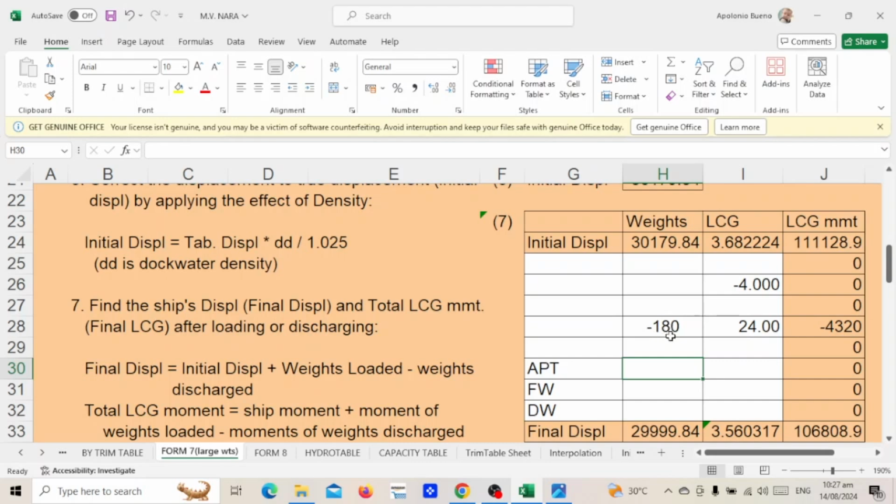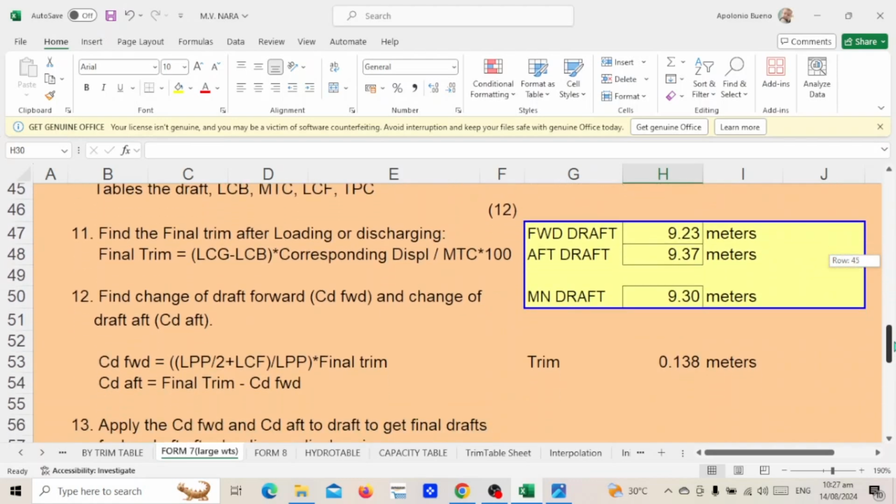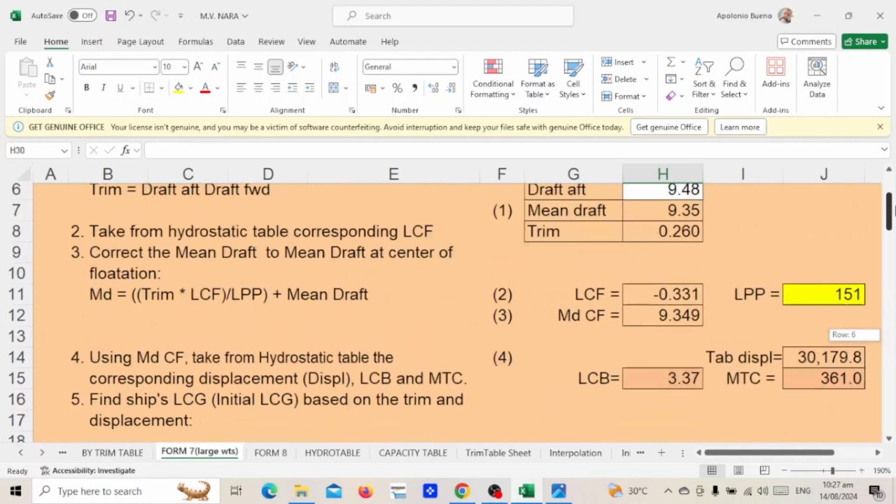So you put your negative 180 metric tons, and when you take out that 180, this will be your new draft: forward 9.23, aft 9.37, and your mean draft is 9.30, and you have a trim of 0.138.